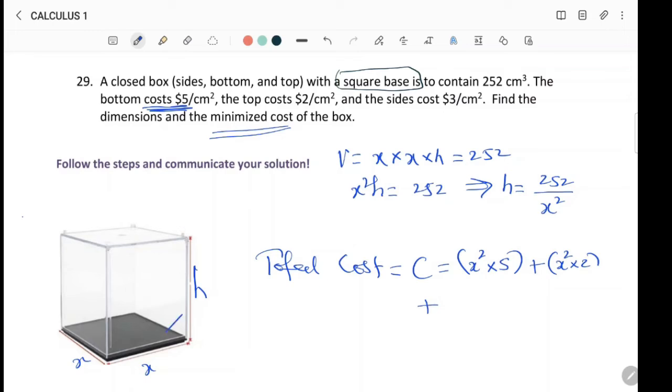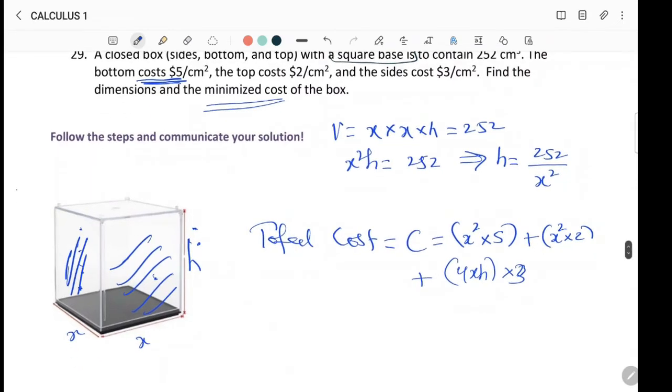And side, this is xh, and opposite of this is also xh, so 2xh, and one side is this, and opposite of this side it will come that side. So xh here, xh back side, xh here, and xh again front and back. So total 4xh we will have, so sides area, and the sides price is $3 per centimeter square, right? So I got this.